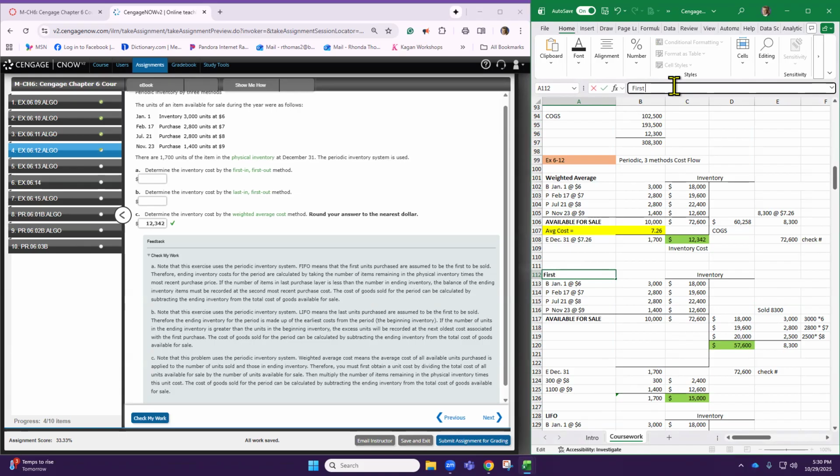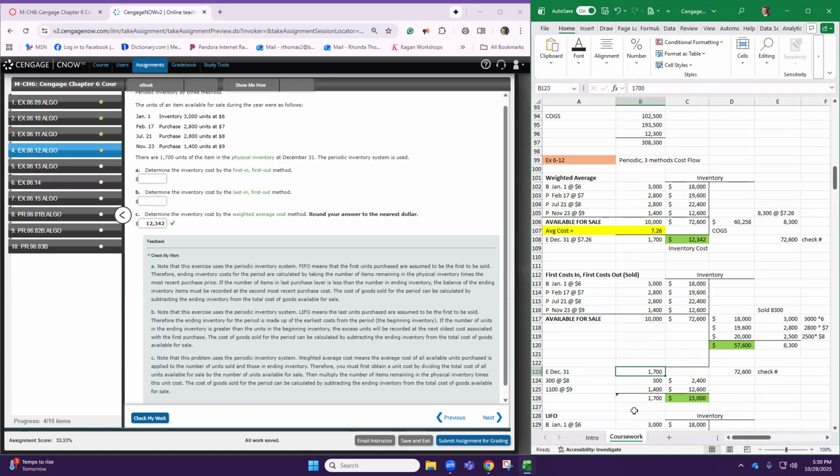First costs in, first costs out. Out means sold. Okay, so hopefully that'll help. Once again, we're using our same math here. We're just not doing an average. All right, so let's go ahead and go down here.